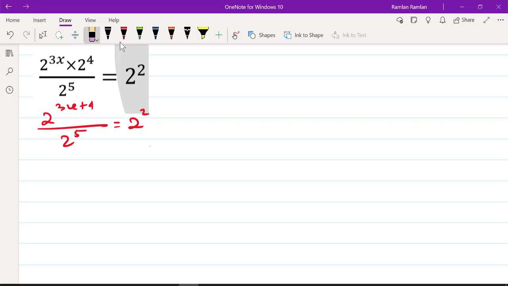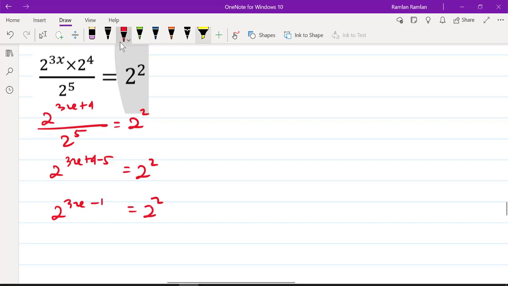Okay, so what I'm going to do here is combine these two first, right? They'll be just subtracting the power, because we already have the same exact base, which is 2. So that'll be 2 to the power of 3x plus 4 minus 5, and that'll be 3x minus 1, right?